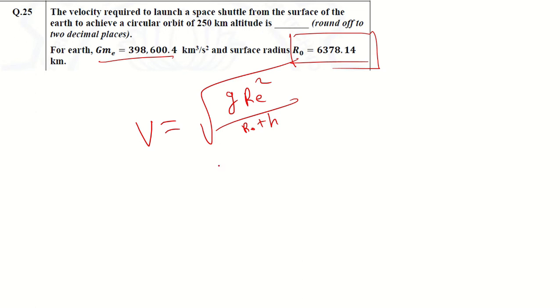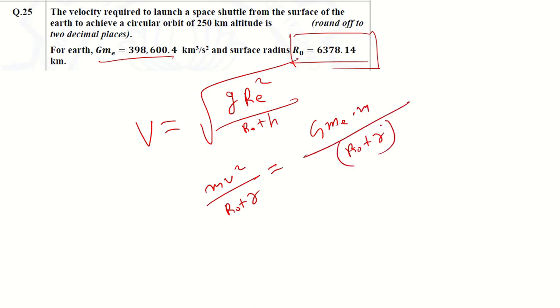Or we have one more formula for the velocity required to launch a space shuttle. We equate m v square by r naught plus r is equal to G M into m divided by r naught plus r square. If we equate these, finally we get v is equal to under root GME divided by r naught plus r.